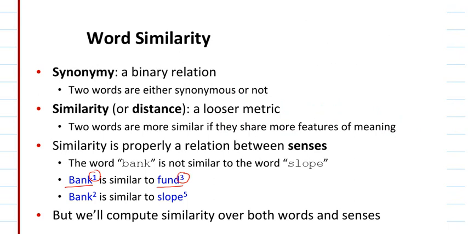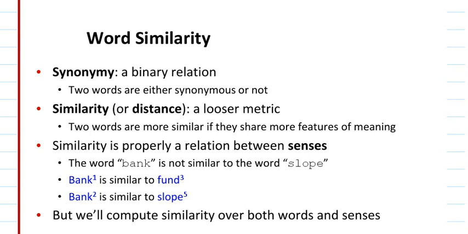Similarly, sense 2 of bank is similar to sense 5 of slope, right? So in lexical semantics or in computational linguistics, it will not be very good to say that the word bank is not similar to the word slope, right?